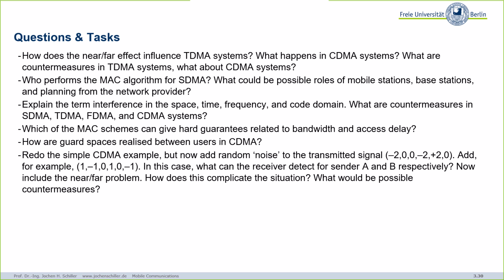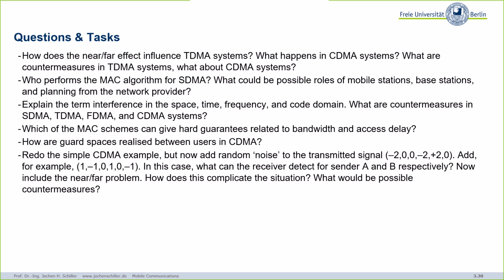For CDMA systems, not the time, but the signal power. You have to perform very tight power control. And that's why those CDMA systems perform this power control several hundreds up to 1,000 or 1,500 times per second, because you need a very precise power control. The idea is that all signals should arrive at the base transceiver stations with roughly the same signal strength. That's the basic idea. Okay, perfect.